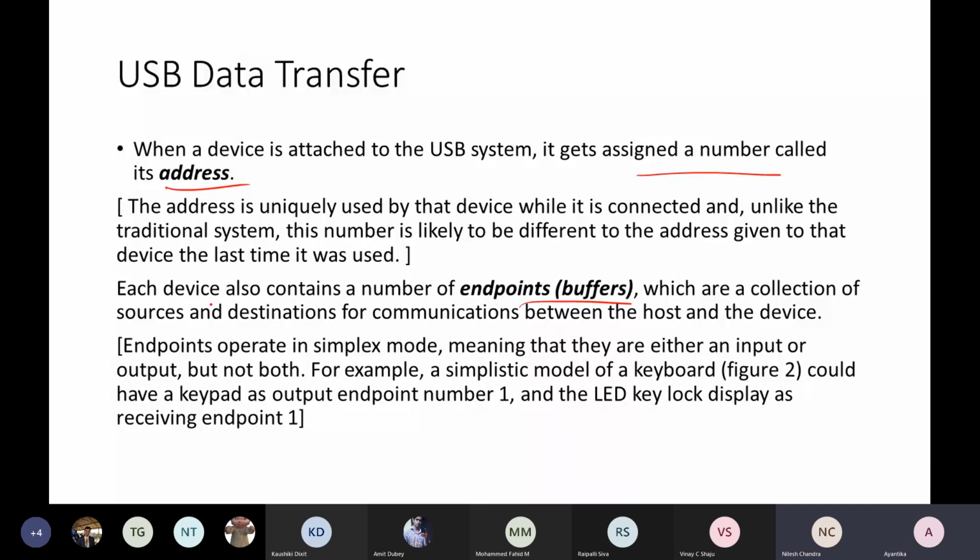Yes, correct. That is one endpoint. That will vary device to device, and based on the device, your endpoint can be different.